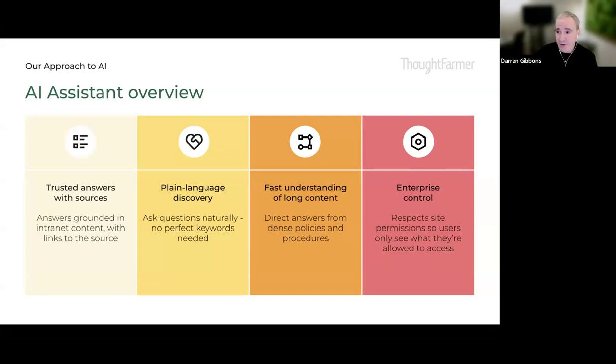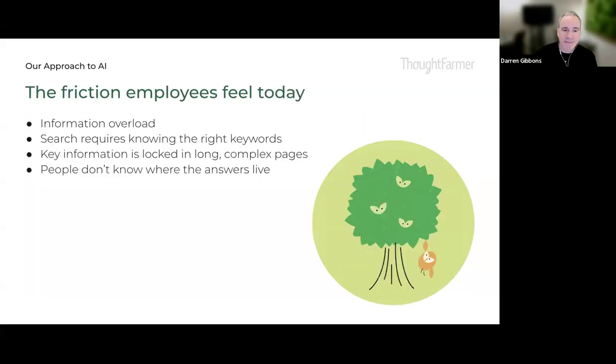In addition, the chatbot is great for surfacing information that's embedded inside long content. So it understands large policies and that type of thing. And lastly, we want to try to make sure that we have those enterprise controls in place that respects the site permissions, but also gives administrators control as to the content that's being used and how it's being rolled out inside that organization.